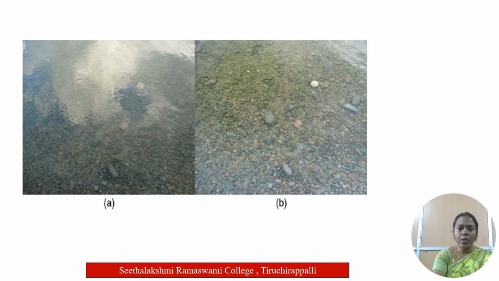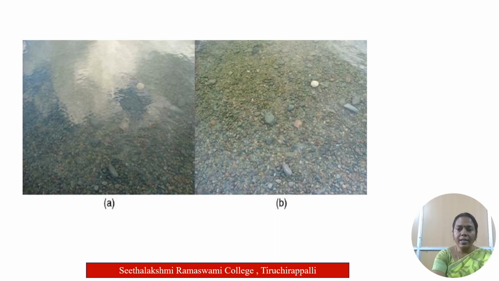Now these two photographs you are seeing show the effect of the polarizing filter in reducing the glare in sunlight reflected from the surface of the water. The second picture, B, was taken with the polarizing filter and the first one was not. As a result, the reflection of the clouds and sky was observed in the first one and it's not observed in the second one, which used the polarizing filter.